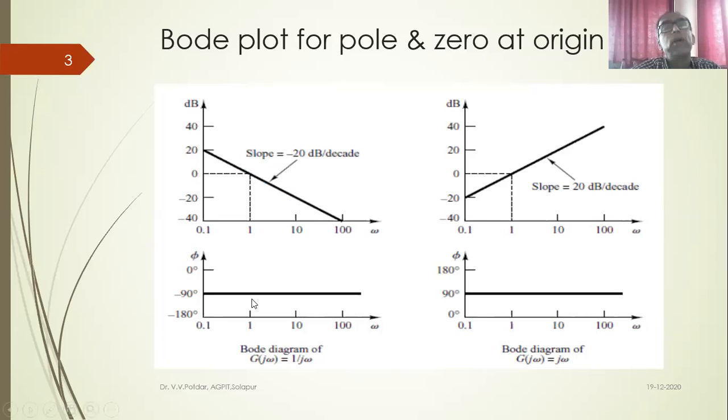Similarly, the phase angle plot. How do we find the phase angle? If you remember, last class we discussed that the phase angle phi for a pole at the origin is found by taking tan inverse of the imaginary part upon the real part. Just refer back to our last lecture.